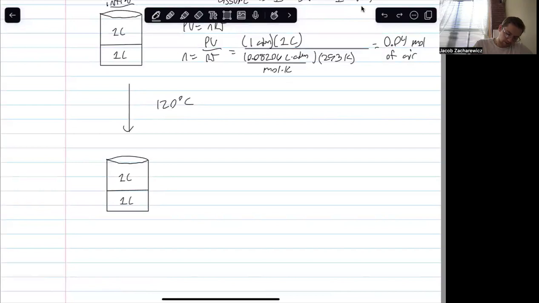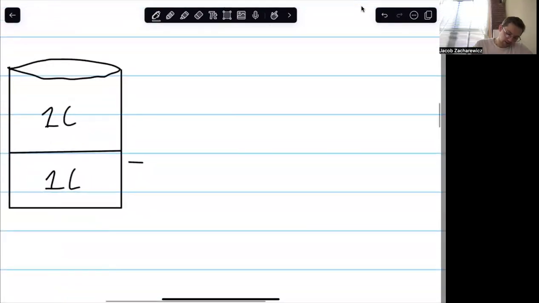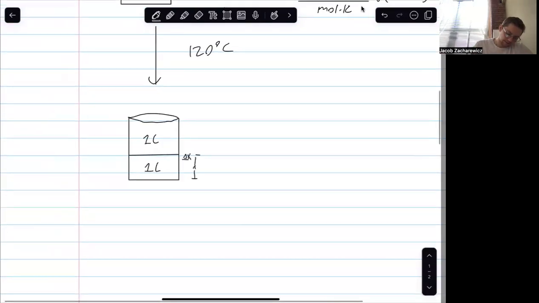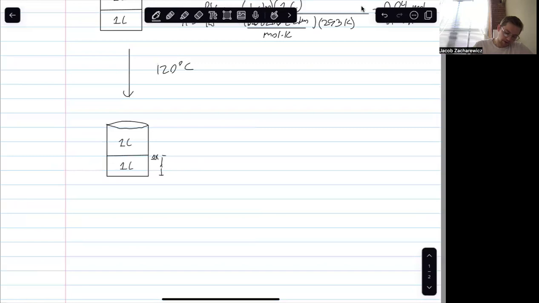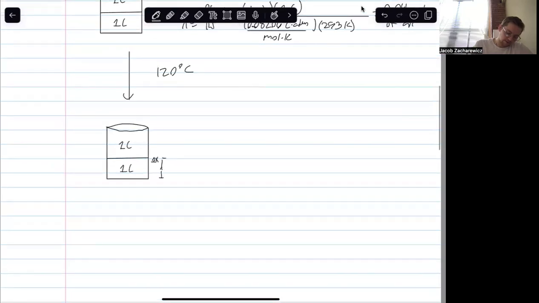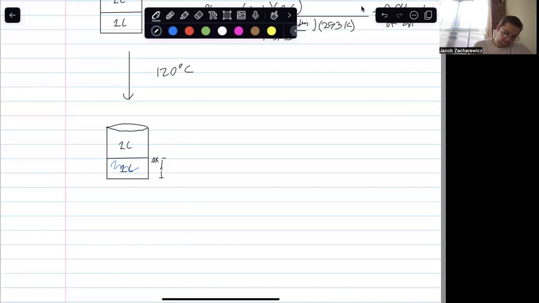However, this water level probably dropped a very minuscule amount, delta X. So we can just ignore that change and say that we still have 1 liter of air, because not all of this water is going to boil off at 120 C. But we do want to calculate how much water did boil off at 120 C.